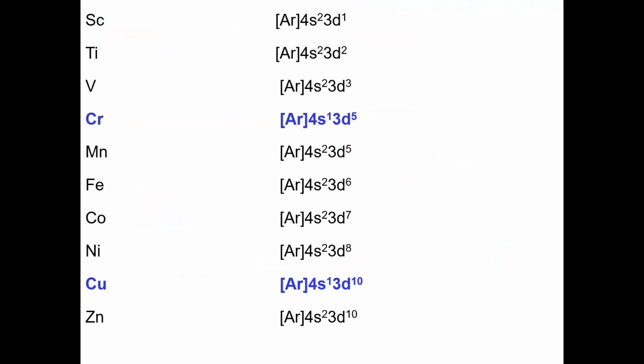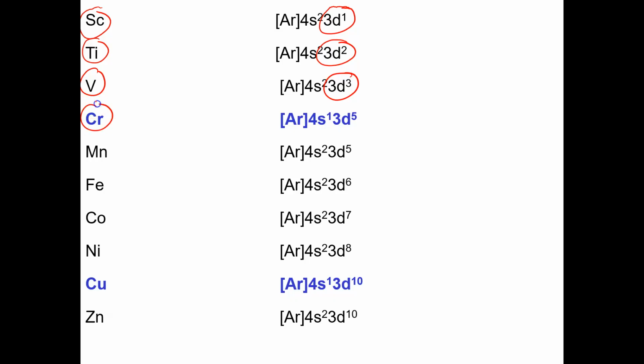So we move on to scandium. We put an electron into the 3d subshell for the first time. Titanium, we add another electron to the 3d. Vanadium, we add a third electron to the 3d.